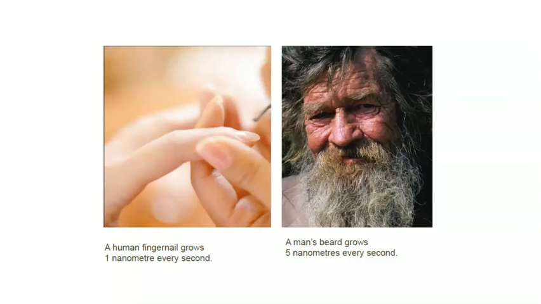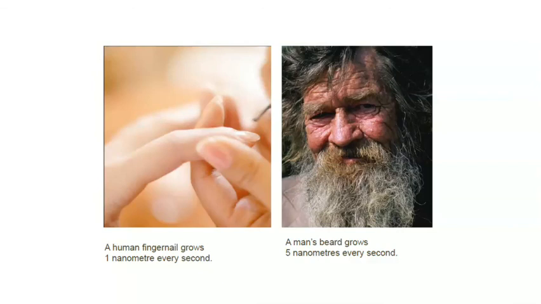A human fingernail grows 1 nanometer every second. So you can now imagine, each second right now your nail is growing at the rate of 1 nanometer. What is the growth rate of your nail? 1 nanometer per second. So in each second your nail is growing by 1 nanometer.